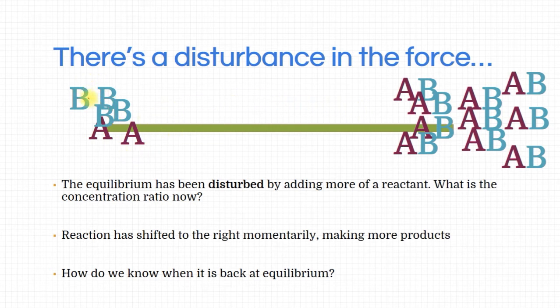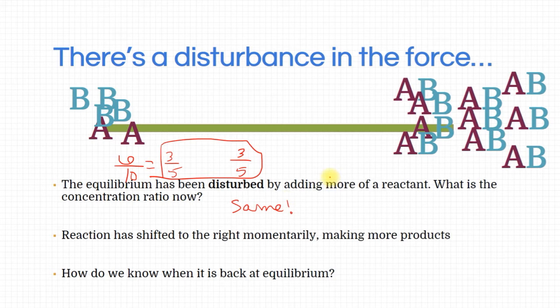And now we have 1, 2, 3, 4, 5, 6 of these, and 1, 2, 3, 4, 5, 6, 7, 8, 9, 10 of those. In the beginning, we had 3 to 5. If we simplify 6 to 10, you end up with 3 to 5 again. So when we are back at equilibrium, the ratio of reactants to products goes back to being exactly the same thing.